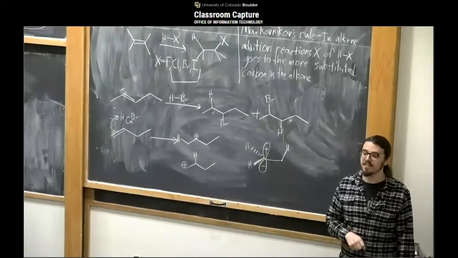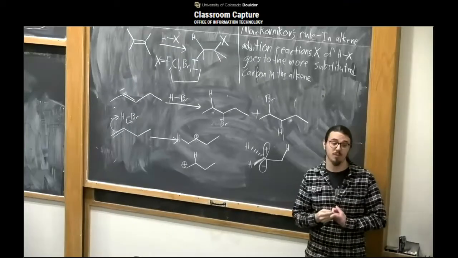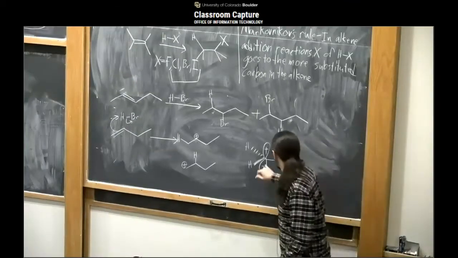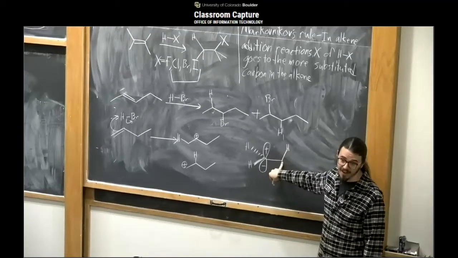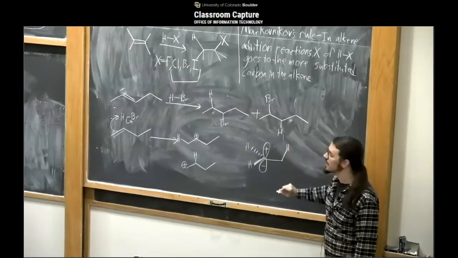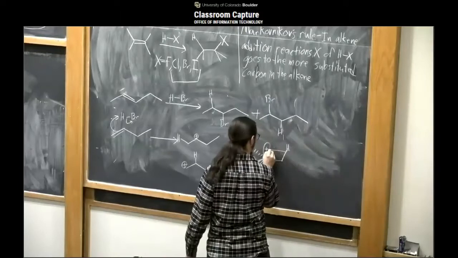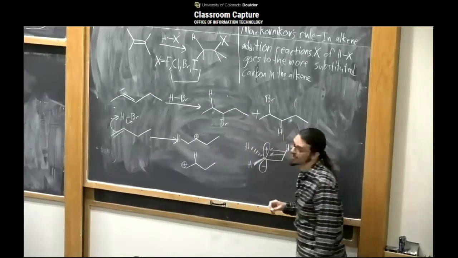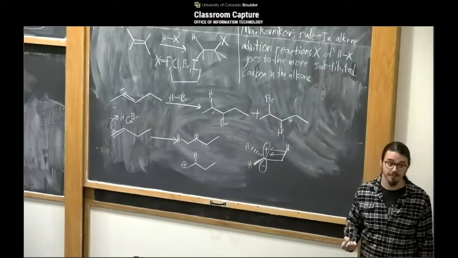The more substituted carbocation is more stable because if we have a carbon adjacent to the carbocation, its carbon-hydrogen bonds can donate some electron density to the electron deficiency on the carbocation.